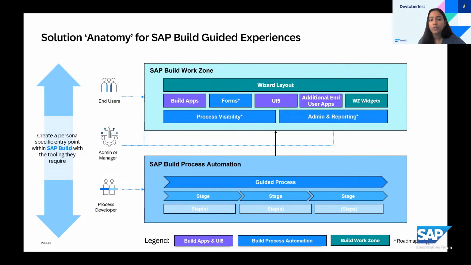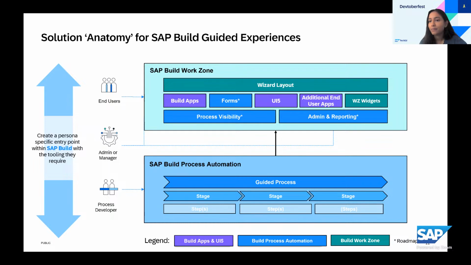So essentially you start from Build Process Automation and configure or model your guided experience, which is now available within Process Automation. And once you configure all the steps, release and deploy the project, it would be available within Work Zone for your consumption.